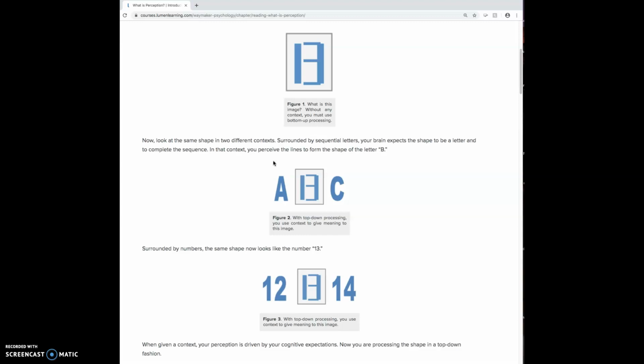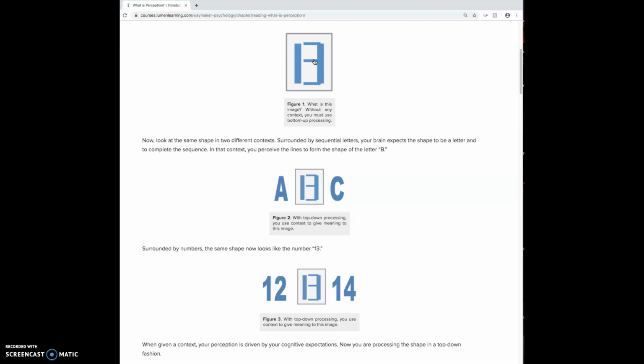Look at the shape in figure 1, this shape. When you just look at it alone, your brain engages in bottom-up processing, because you're just looking at this without any context. You're just looking at what this means to you, and you send it to your brain, and your brain is trying to interpret that.